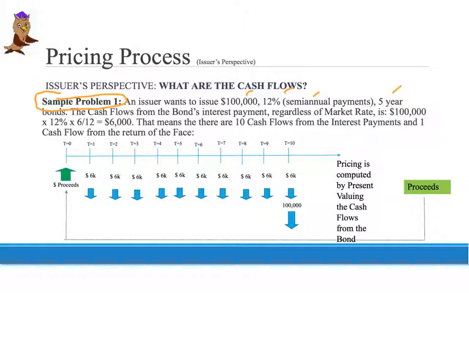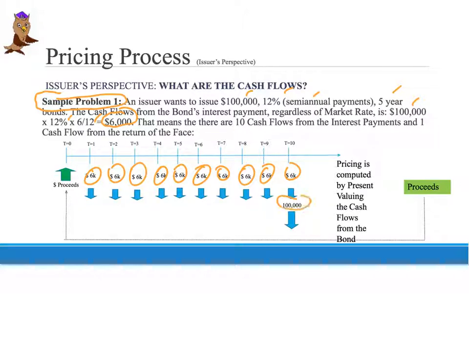In terms of the actual amount of interest expense each period, you take the face times the contract rate times the period. In this case, it's half a year. So the amount of interest paid every 6 months will be $6,000. Then I will lay out the cash flows on the timeline like this, and that takes care of the interest payments of cash flows.